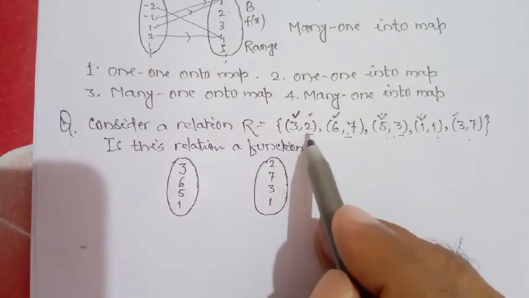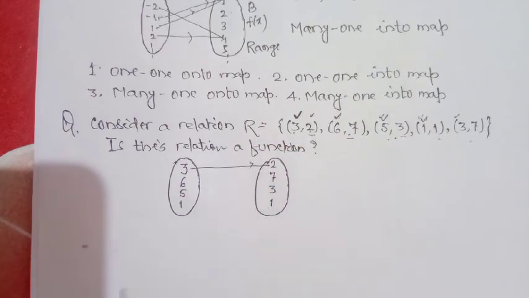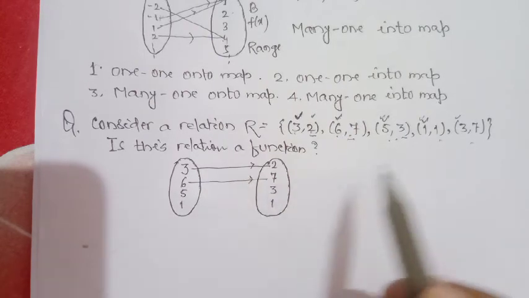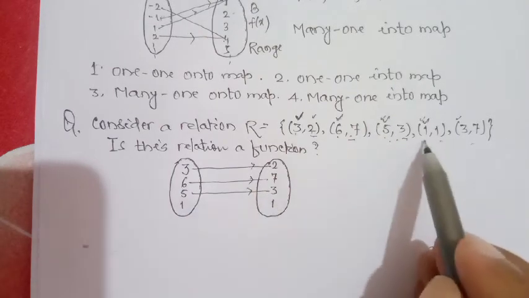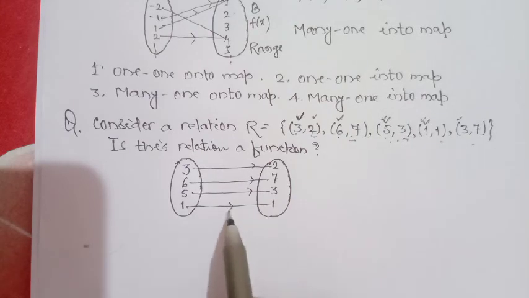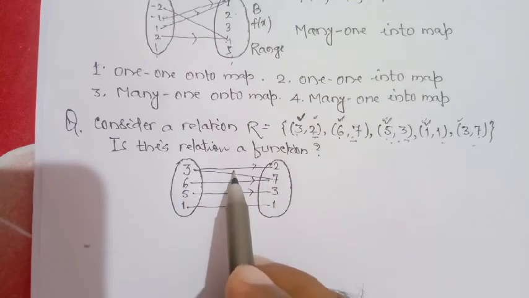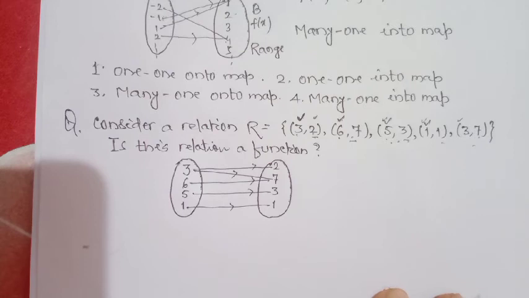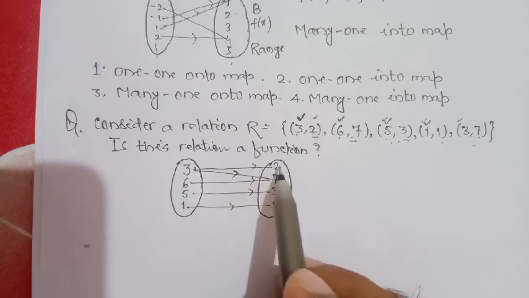Now I have written the value of 3 corresponds to 2, value of 6 corresponds to 7, value of 5 corresponds to 3, and value of 1 corresponds to 1. Also value of 3 corresponds to 7. So in this question, you have seen that the value of 3 has 2 images, 2 and 7.